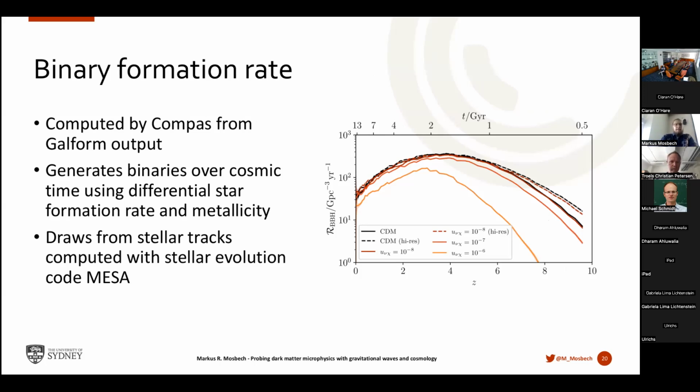And so we get a binary formation rate that we can see is quite dependent on our interaction strength. What we do find is that for the very early times, we had to go to slightly higher resolution in GalForm to correctly capture it.